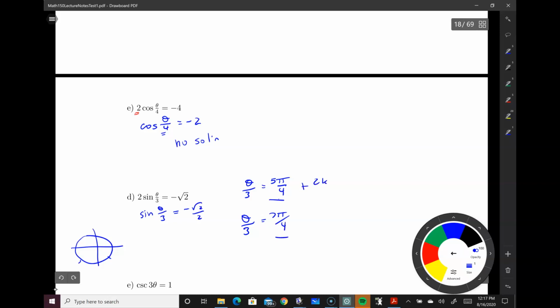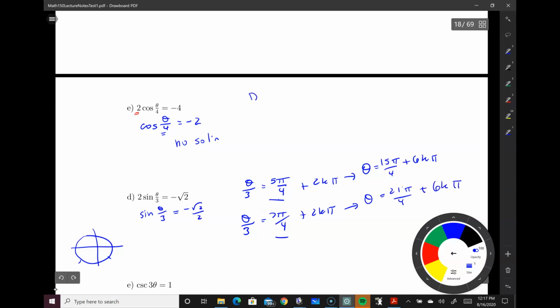Then add on the 2k pi. Then go and solve for the theta. So in this case, I'm going to be multiplying by 3. So 15 pi over 4 plus 6k pi. And this one, 21 pi over 4 plus 6k pi.